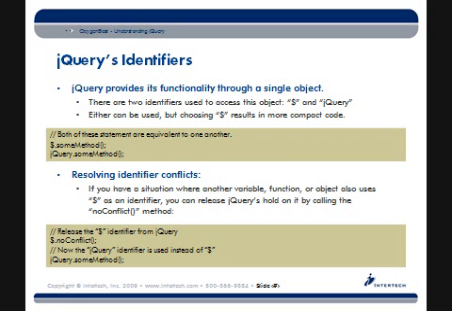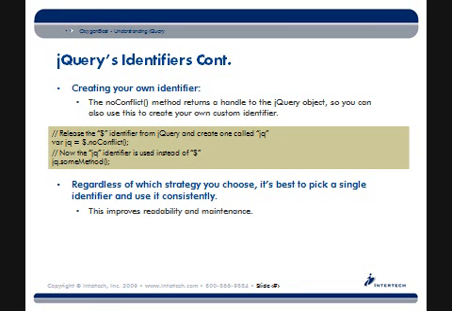If you need to release jQuery's hold on that identifier so it doesn't break your other code, you can call $.noConflict. As soon as you do that, it releases its hold of the $ identifier, and now you can use jQuery as your new identifier. But sometimes even that's not good enough, and you want to have your own identifier to be used for all of your jQuery calls.